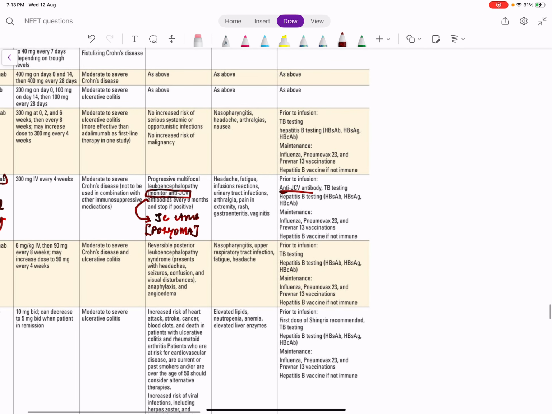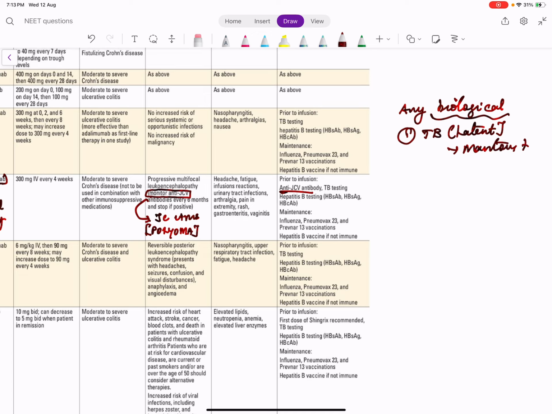In fact, before giving any biological in rheumatology, etc., we always have to check for latent TB. How can we check for latent TB? By doing either a Mantoux test or quantiferon TB Gold.